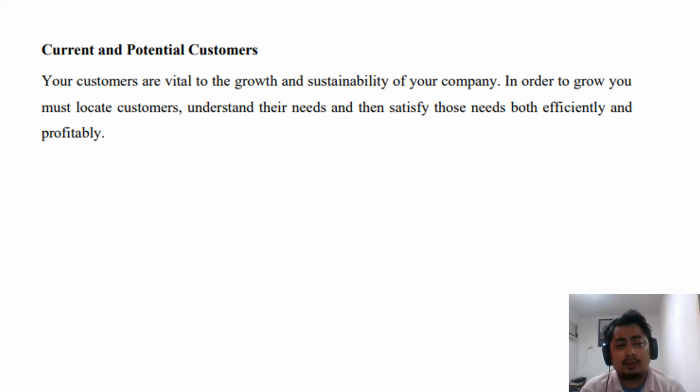In order to grow, you must locate customers, understand their needs, and then satisfy those needs both efficiently and profitably. Locate customers and then understand their needs. Your product should meet their needs. Satisfy those needs, and then efficiently make a profit out of it.